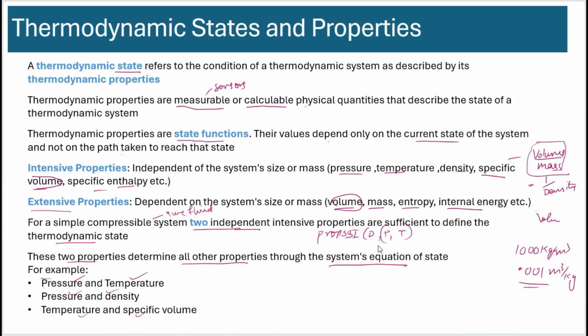Now, what I want you to take away from this is that if a property is a specific property, with a specific term in front of it, usually that means it's per mass or per mole or per volume.